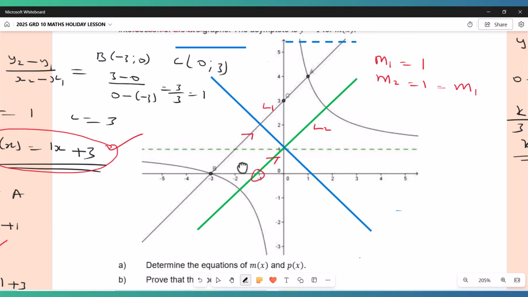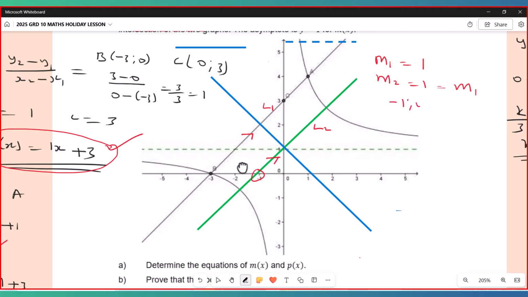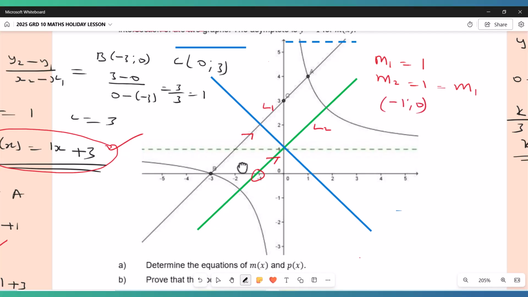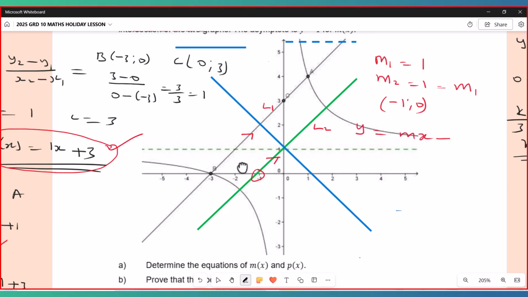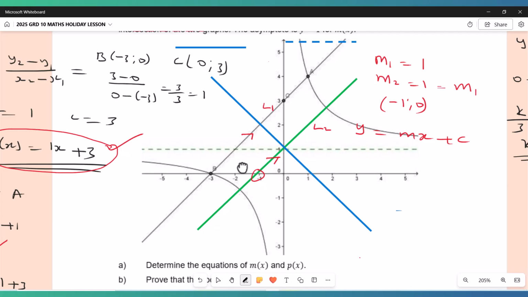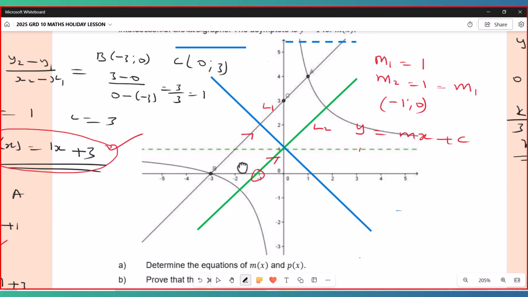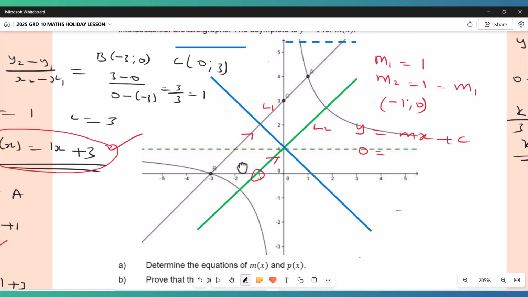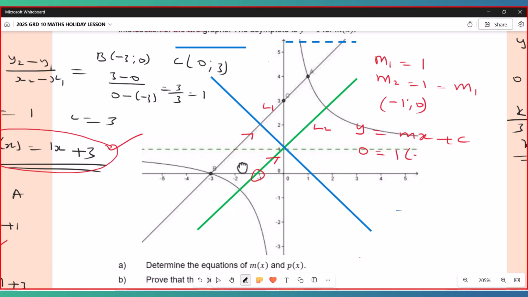Now if I know this point, -1, 0, then I'm going to use y equals mx plus c to find that line. So y is 0, m is 1, x is -1, then plus c.